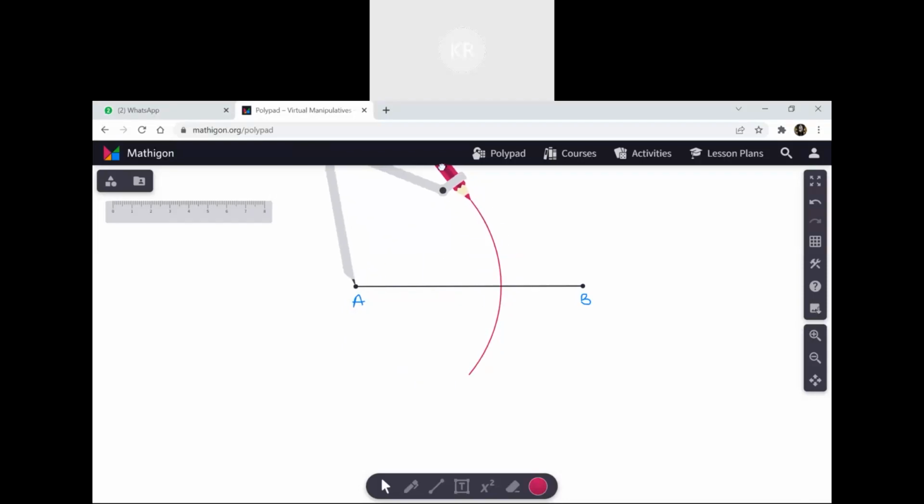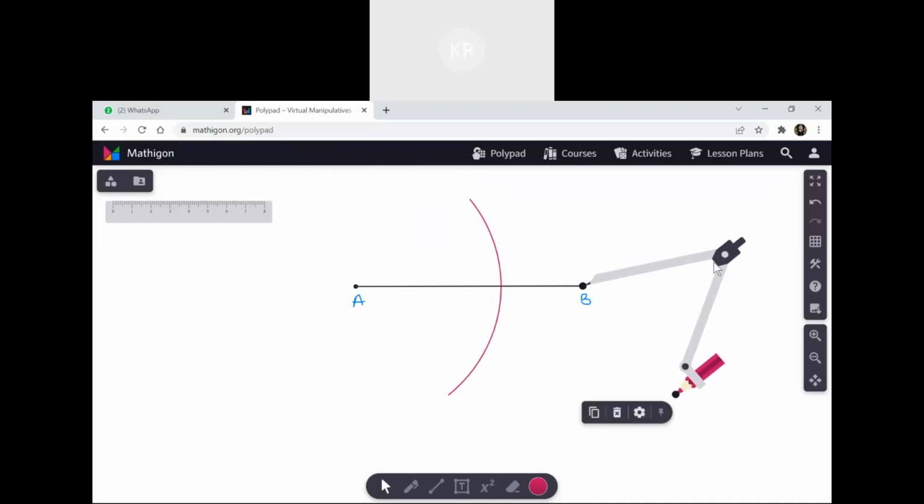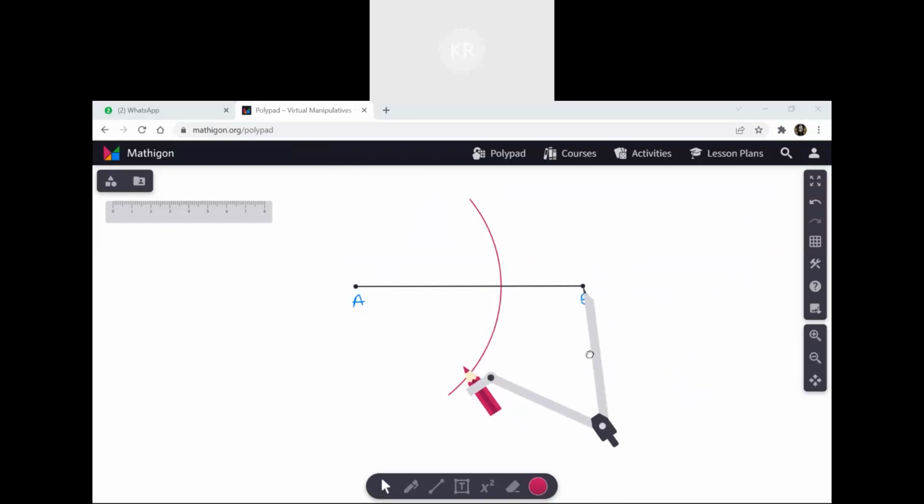One above, one below. I can make it like this also. Okay, a bigger one. Similarly, now I will take B as the center with the same radius, without disturbing the radius of the compass.